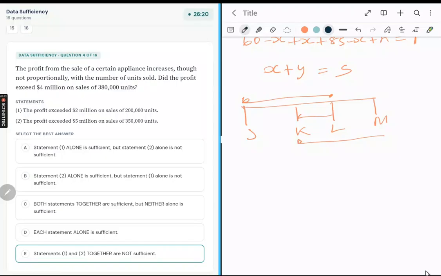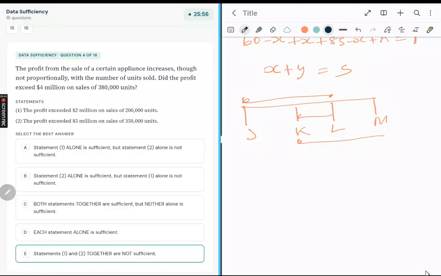Okay. According to proportion, the profit exceeds 2 million on a sale of 200 units. The sale of 380 units can also be only 3 million. It's also an increase. But statement 2, the profit exceeds 5 million on a sale of 350 units.